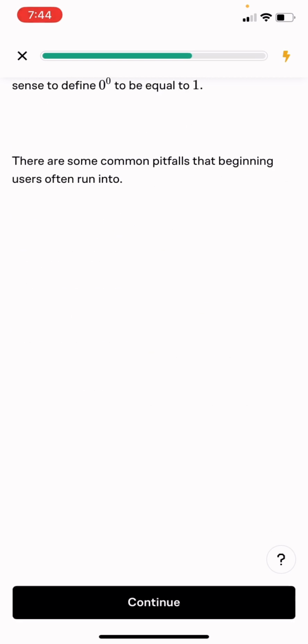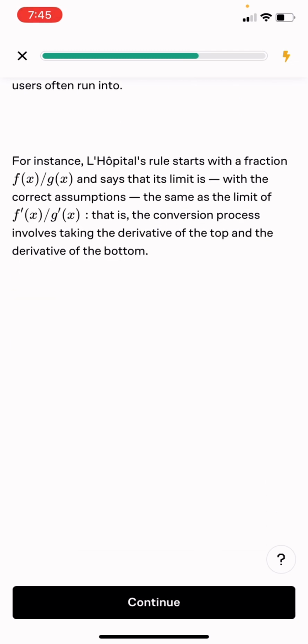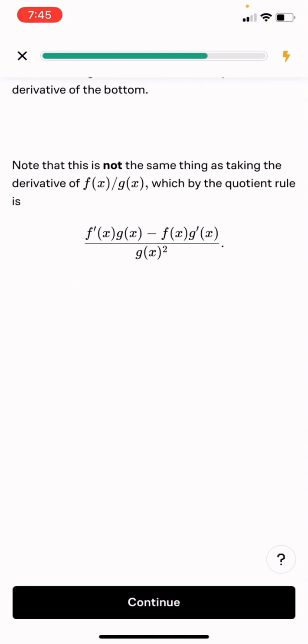There are some common pitfalls that beginning users often run into. For instance, L'Hopital's rule starts with a fraction f(x) divided by g(x) and says that its limit is, with the correct assumptions, the same as the limit of f'(x) divided by g'(x). That is, the conversion process involves taking the derivative of the top and the derivative of the bottom.